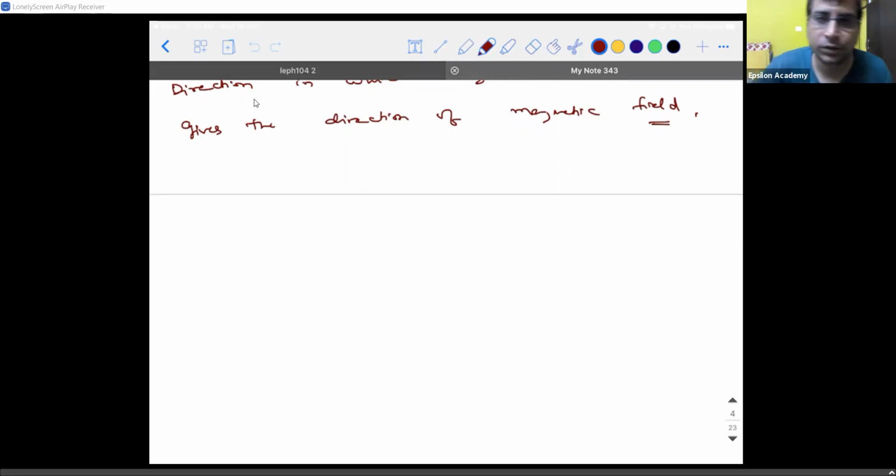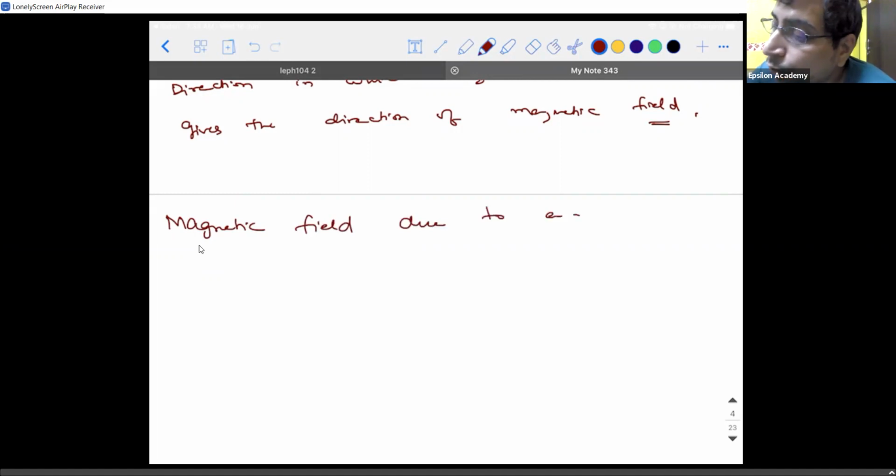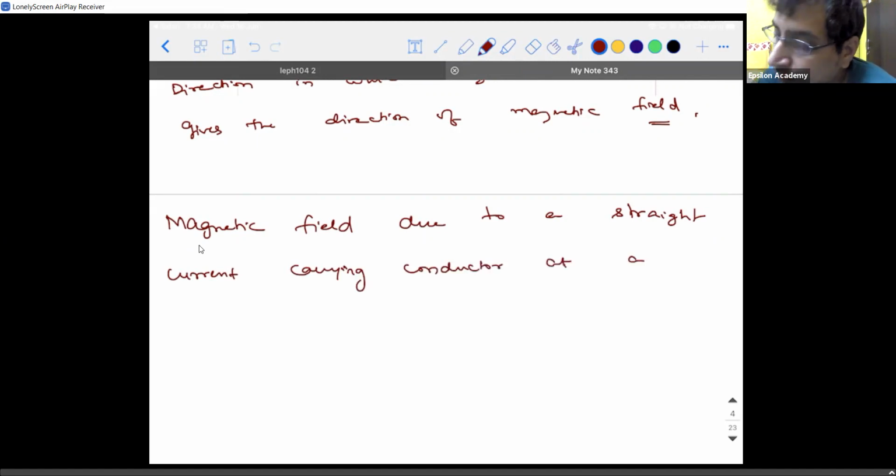So now what we are going to do is take this concept and start deriving the expression for magnetic field due to a straight current carrying conductor at a distance A from it.